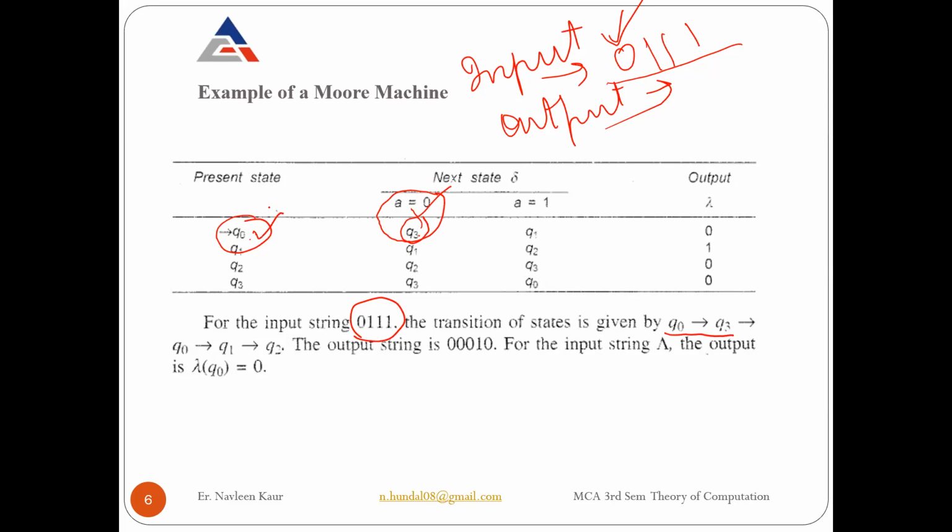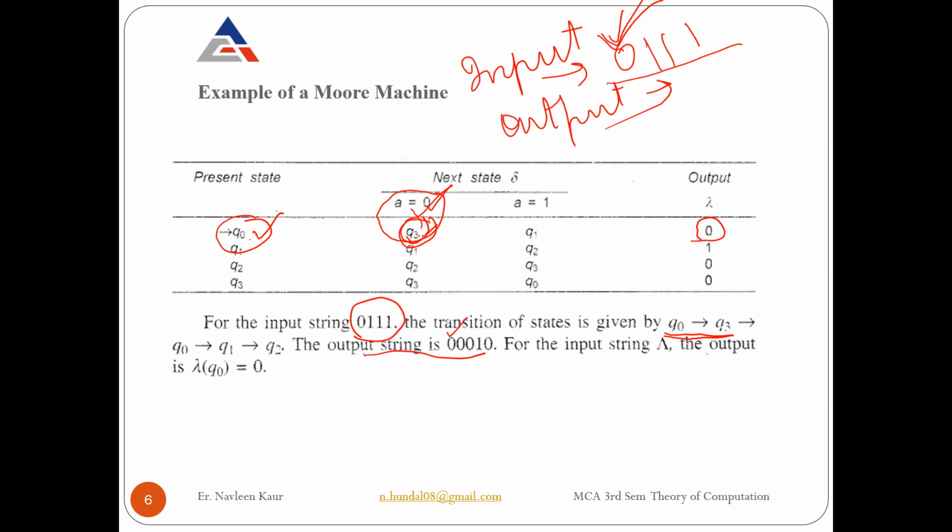So this is represented here. And side by side, if it reaches Q3, what will be the output generated? Output is 0. Can you see? This 0 is written here, in the output string.